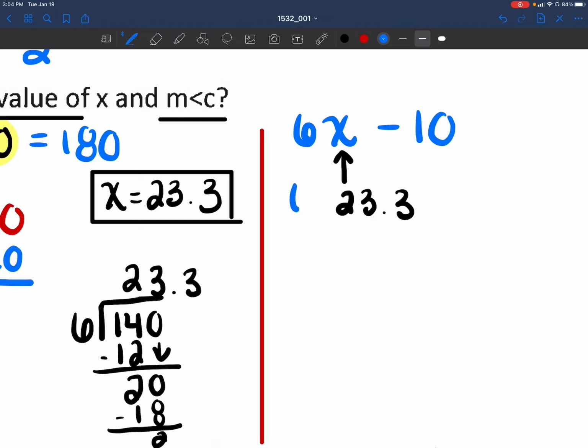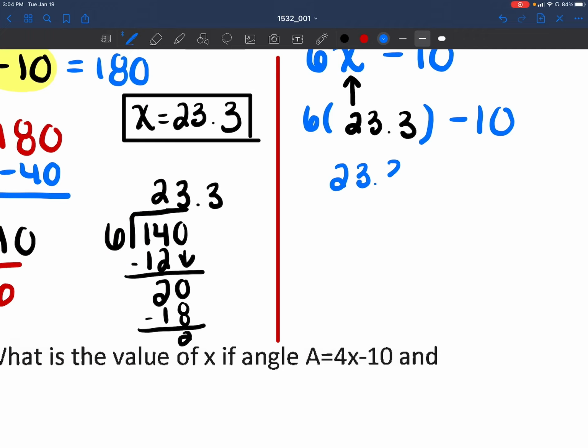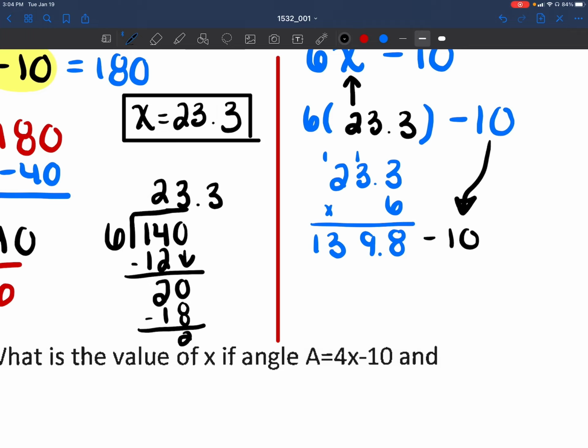So we just have to multiply by 6 and subtract 10. 23.3 times 6, 18, 19, 13. And we're going to subtract 10 because of that minus 10. So 129.8.